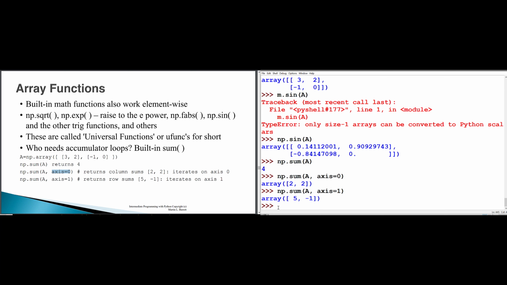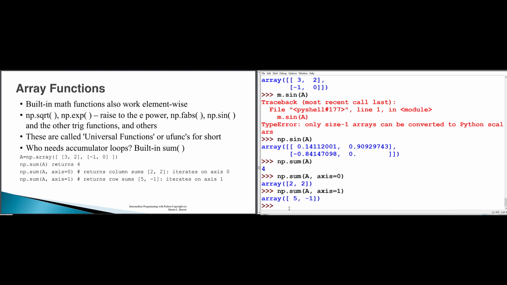The result is going to be represented as rows. You're going to get a value for each row. So the columns 3 plus 2 gives me a 5. The columns minus 1 plus 0 gives me a minus 1. And it's a nuisance to have to remember that.